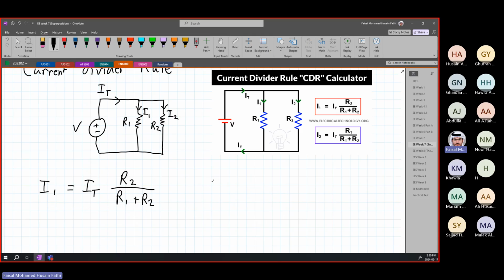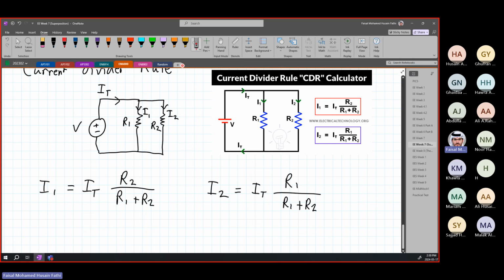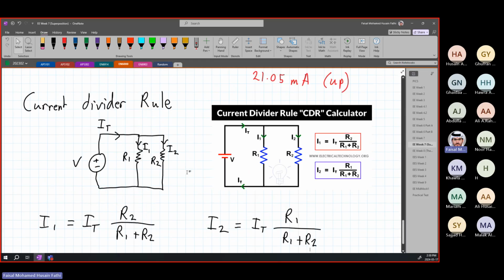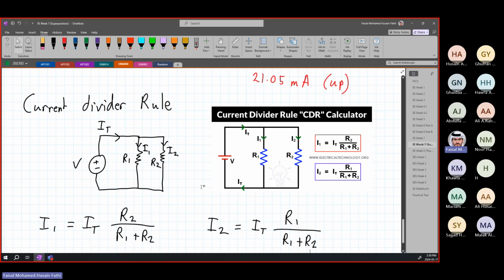The same thing for I2: I2 is going to be equal to I total times R1 over R1 plus R2. Keep in mind, these are the opposite ones. If you're finding current I1, you use R2 up there. If you're finding current I2, you put R1 up there and multiply it with I total. So this is one way of solving it, the current divider rule.